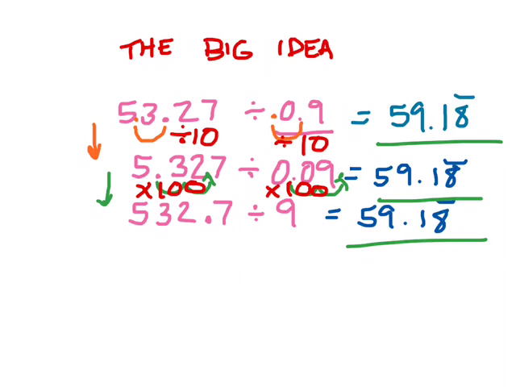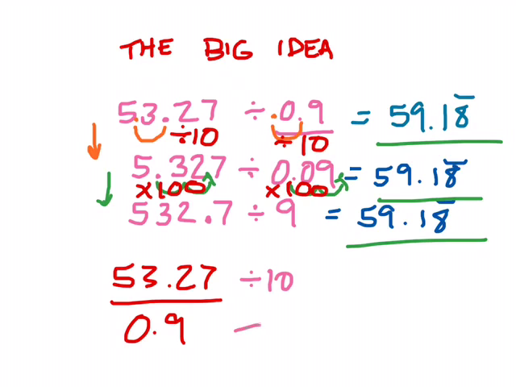If you want to think about it in terms of equivalent fractions, because we've done the same thing to both the top and the bottom, because remember, a fraction is just like a division problem. Because we did the same thing to the top and the bottom, whether it was dividing it by 10 on both top and bottom, or multiplying it by 10 on both the top and bottom, or by 100, we end up with an equivalent fraction, so it doesn't change the value.